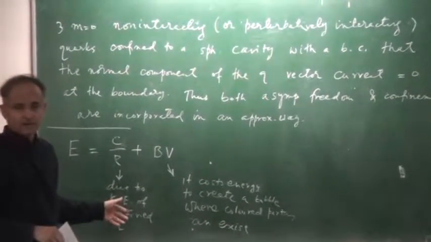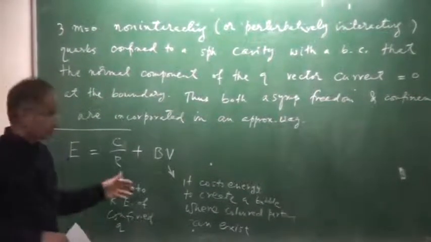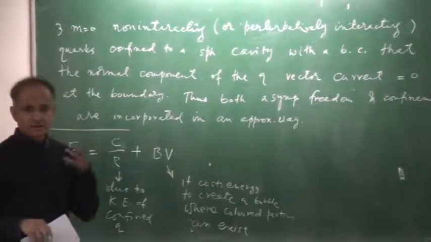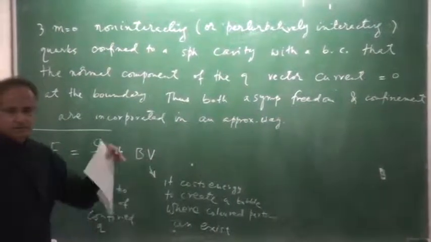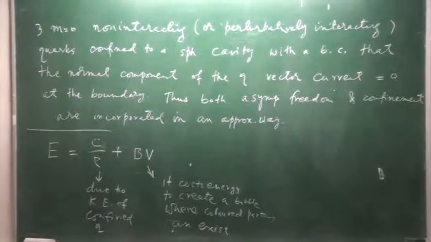Why? Because the more you collapse, the kinetic energy will increase, and so that will balance the pressure from outside. So when the inside pressure due to kinetic energy and the outside pressure due to the physical vacuum balance, then you have a stable nucleon.